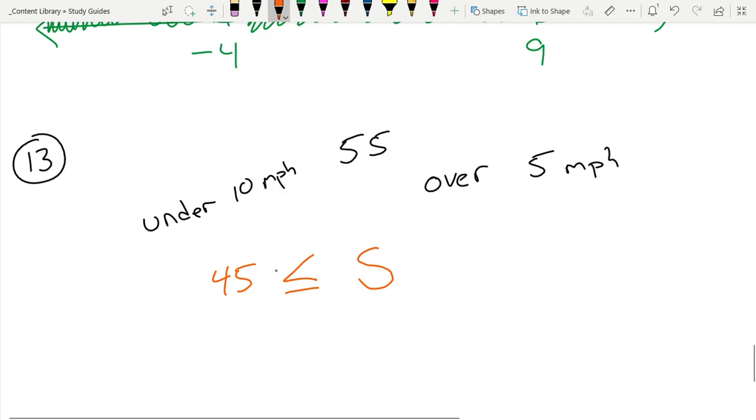Now let's figure out how fast we can go. He lets me go 5 over the speed limit. So I'm allowed to go over 60 miles. So my speed has to be bigger than 45 and smaller than 60. Anything else? So this is an and statement. Even though I didn't write the word and because I chose to write it as one big inequality, it is an and statement.